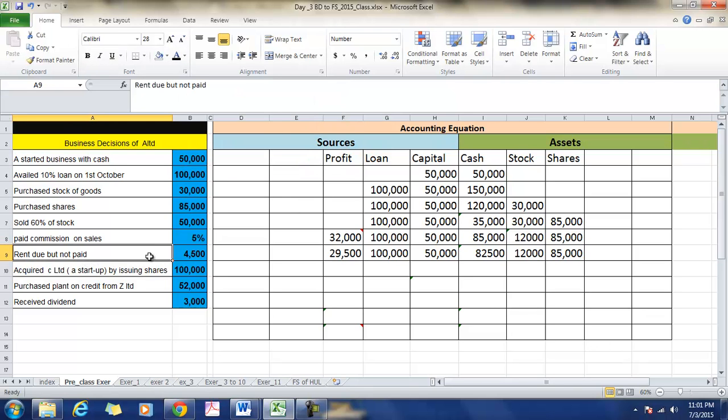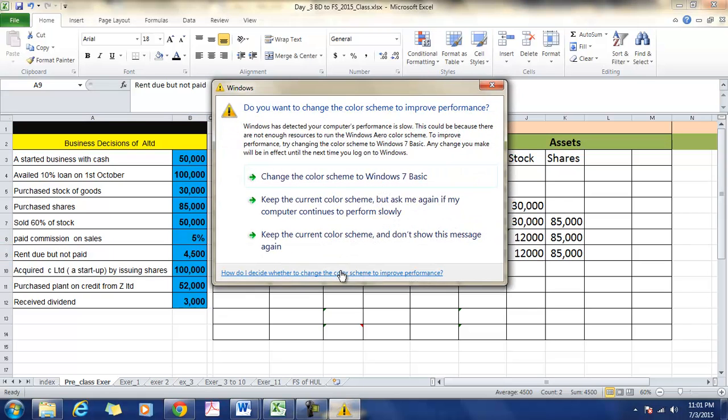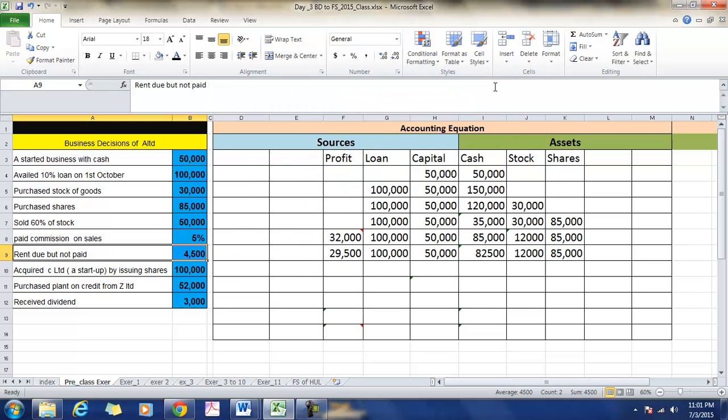Rent due but not paid. The rent due but not paid has to be recorded because of the accrual concept. The accrual concept says the transaction should be recorded at the time of happening of the event. So though we have not paid anything for the rent, the rent will have an effect on the profit.